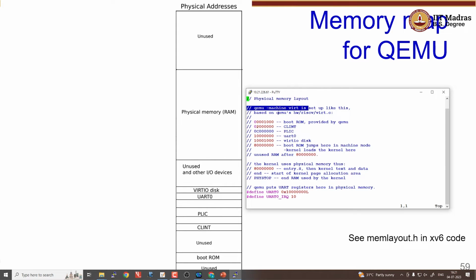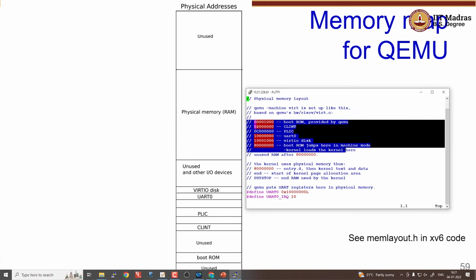If you have the QEMU source code, you can look into this particular file, hardware/disk-free word C, which is where this memory map for QEMU is present. The summary of this entire memory map is present over here.